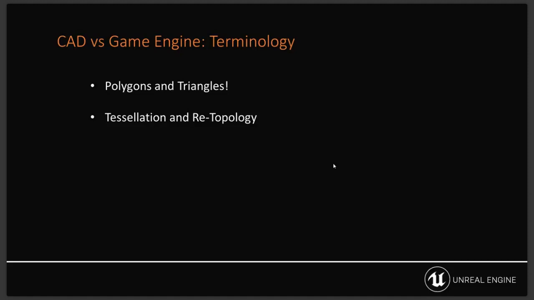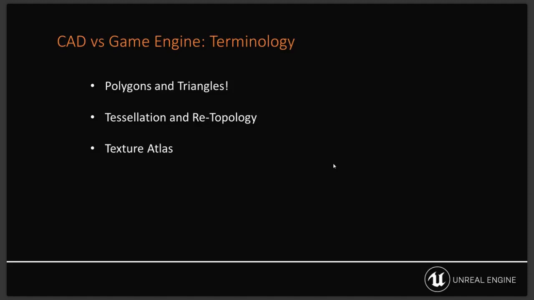And retopology is an area where those tool sets can come in handy to help with problem areas that may not translate well from the CAD world into the 3D world. Now, things are changing so rapidly that we're starting to see this gap close between the CAD world and the 3D content creation world. So I think we're going to see that become easier and easier as things progress, especially here with Datasmith.